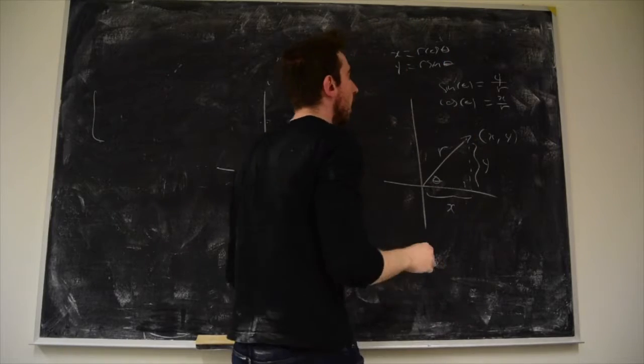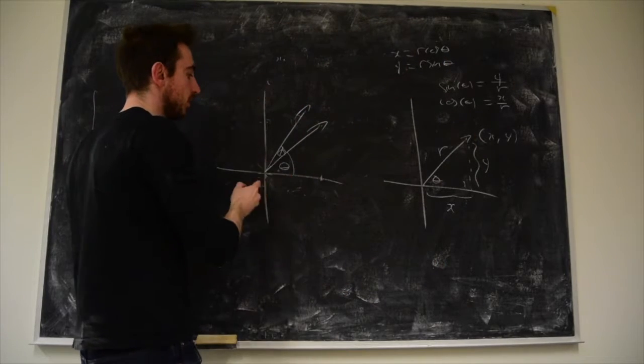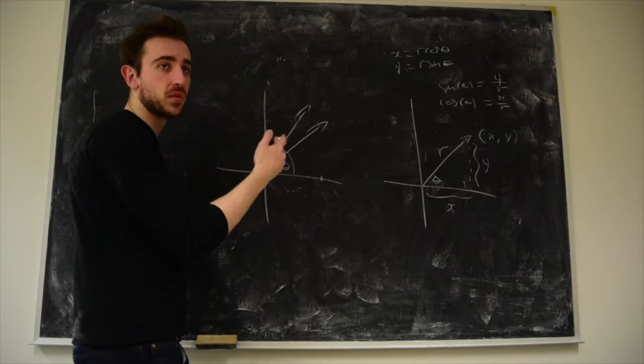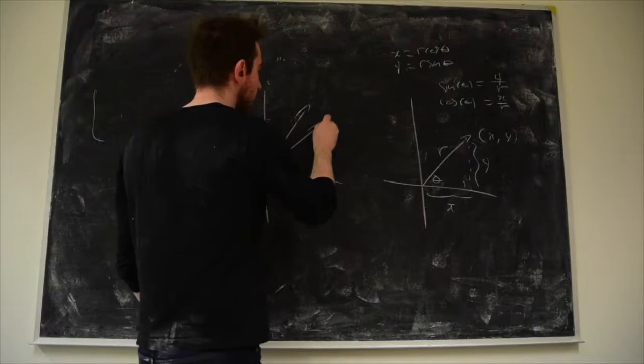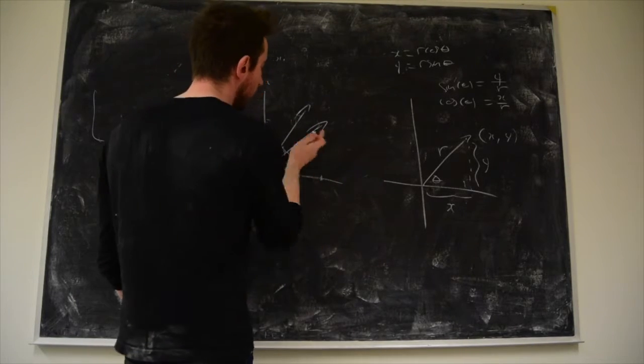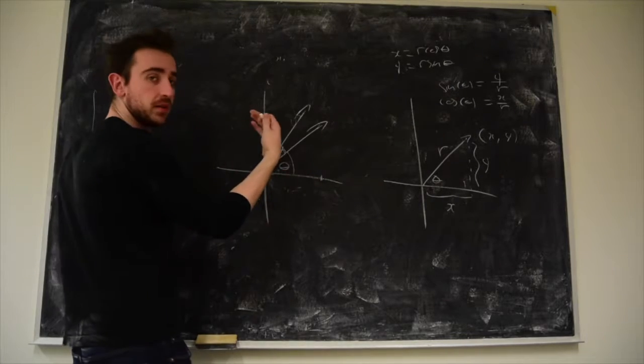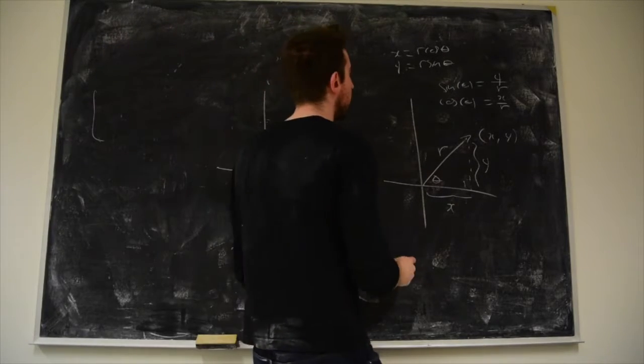And this gives me that x is equal to r cosine theta, and y is equal to r sine theta. For the purposes of rotating a vector, we're just going to ignore the lengths. We're going to assume that they're 1, because it doesn't matter what the length of the vector is when you're rotating it. The angle is what's important.